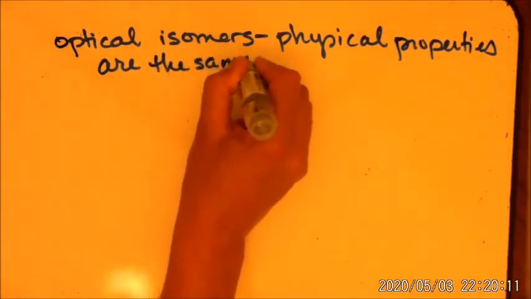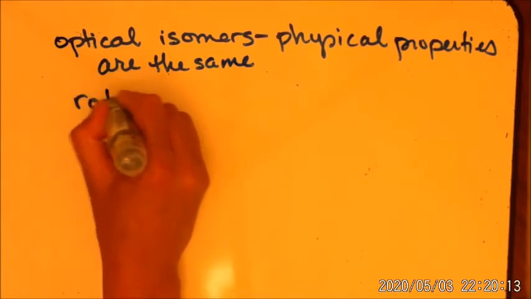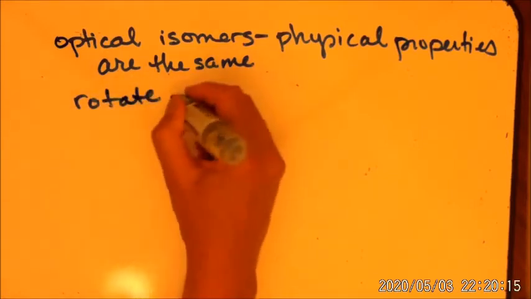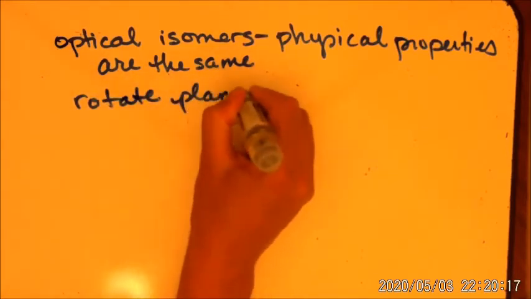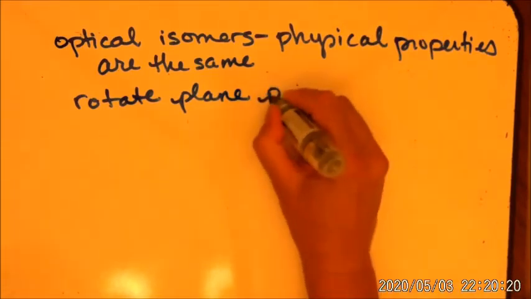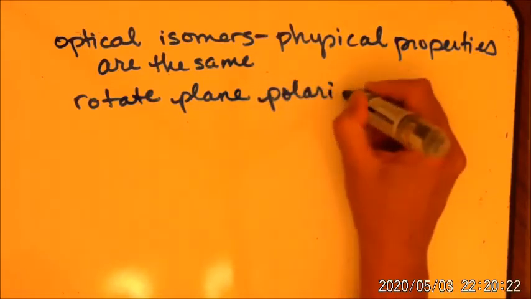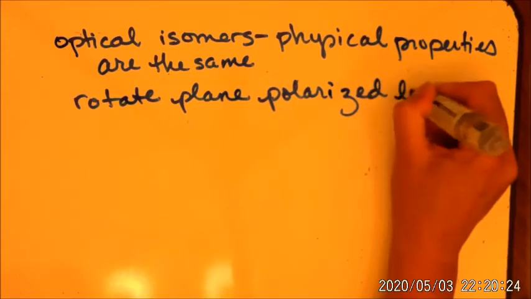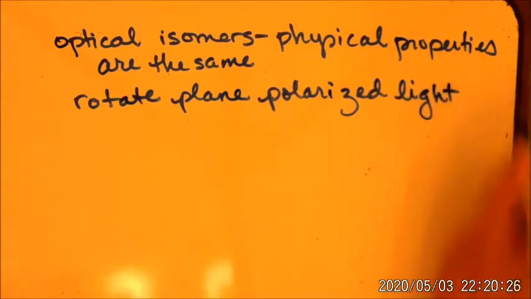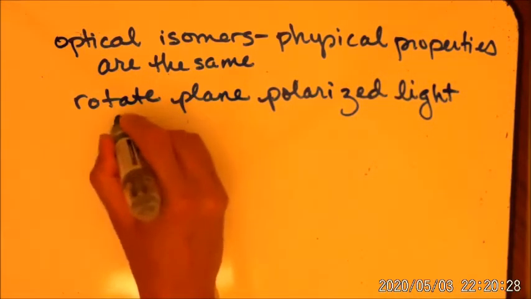Okay, so if they're the same, how can we differentiate them? What they do is they rotate plane polarized light in opposite directions.